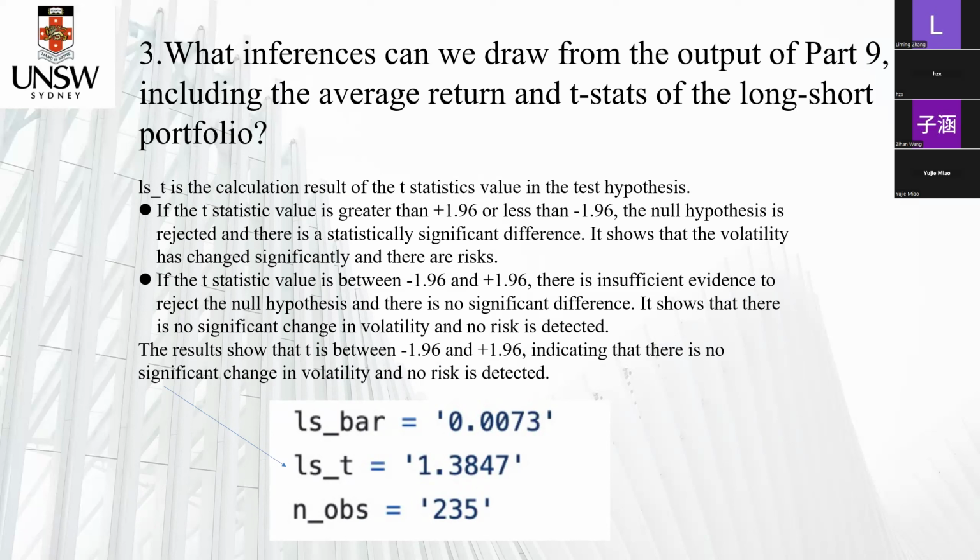If the T statistic value is between negative 1.96 and positive 1.96, there is insufficient evidence to reject the null hypothesis, and there is no significant difference. It shows that there is no significant change in volatility and no risk is detected. The result shows that T is between negative 1.96 and positive 1.96, indicating that there is no significant change in volatility and no risk is detected.